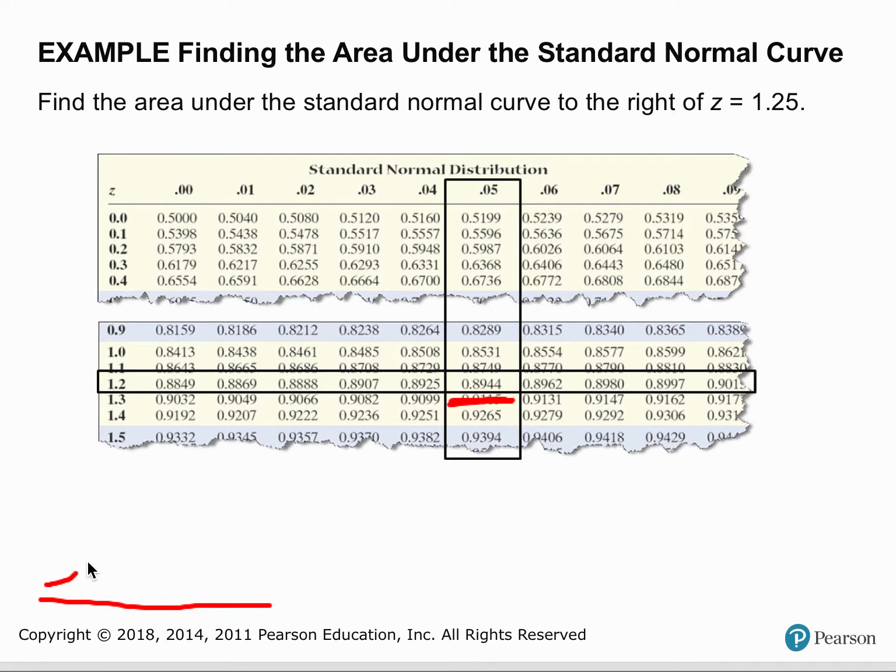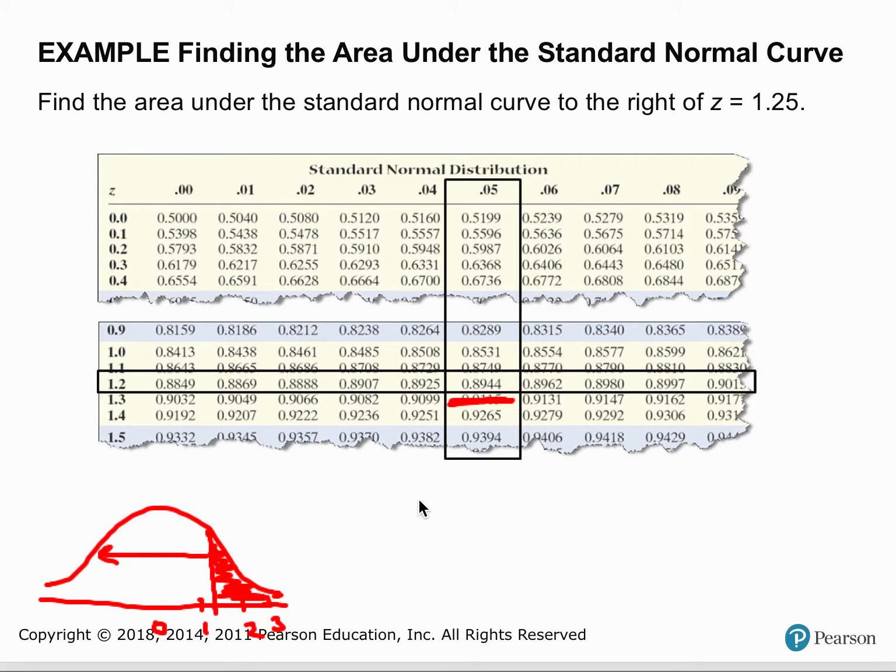Here's our mean and standard deviation. That means at 1.25, this number is giving us this area, but we want the area to the right of that line.